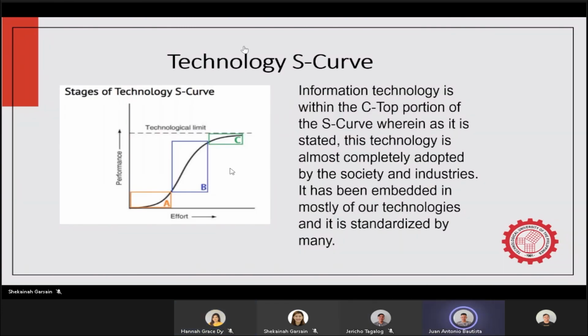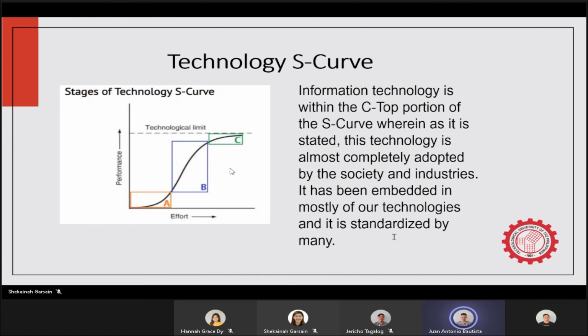So, technology S-curve. So, ang position ng information technology sa S-curve is within the top portion of the S-curve. Wherein sa part na to ng S-curve, it means na ang technology is completely adopted na ng ating society and industries.